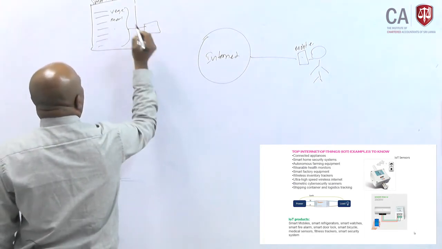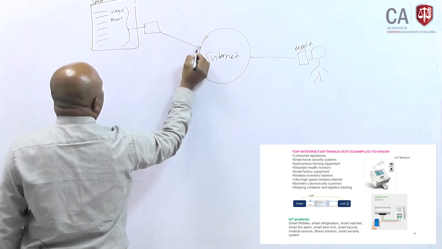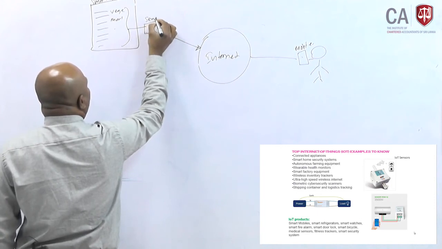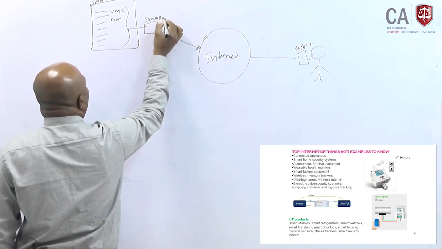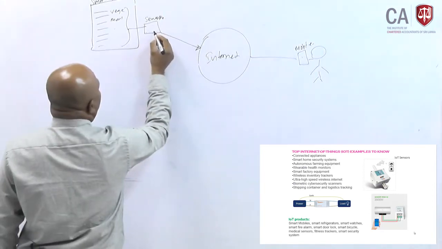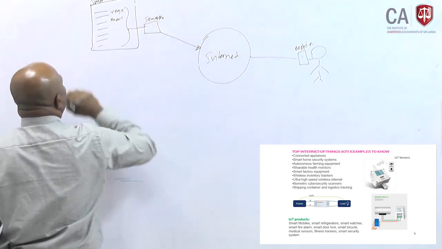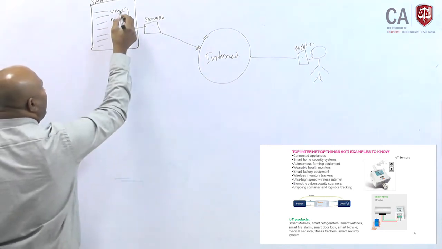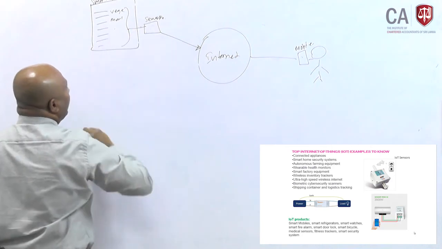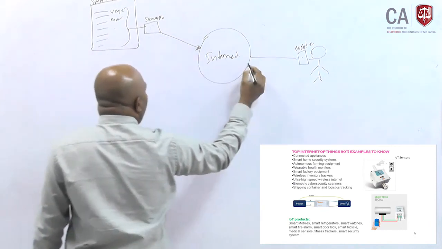This refrigerator should be connected to the internet through some kind of device, and there can be different products. This one is sensing information from the refrigerator. So, when the vegetables are finished, it gives a message, oh, today the vegetables are finished, right. Then through an application, it goes through the internet and comes to the mobile.